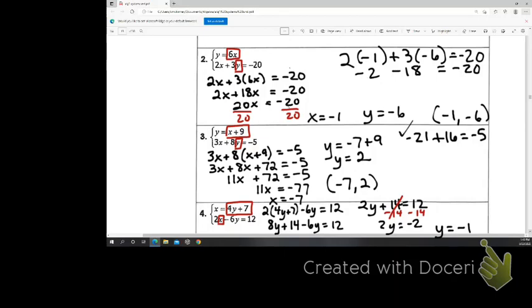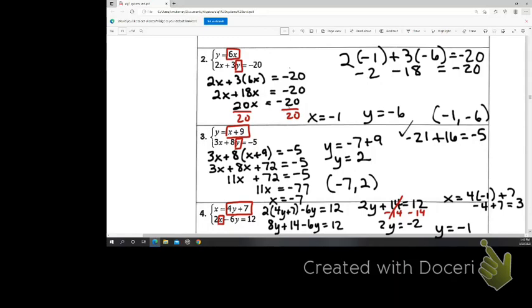So then when I want to find the x, I could plug that negative 1 into either equation, but the top one is going to be easier because I don't really need to solve, I just need to evaluate. So 4 times negative 1 plus 7. So negative 4 plus 7, x is 3.